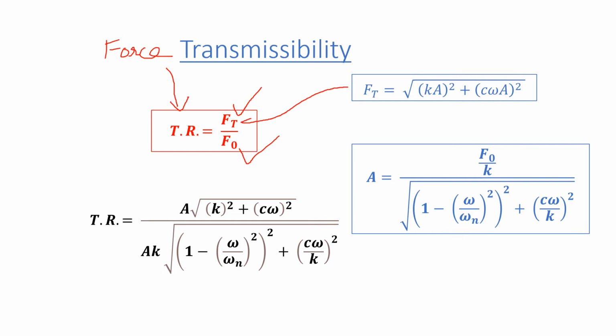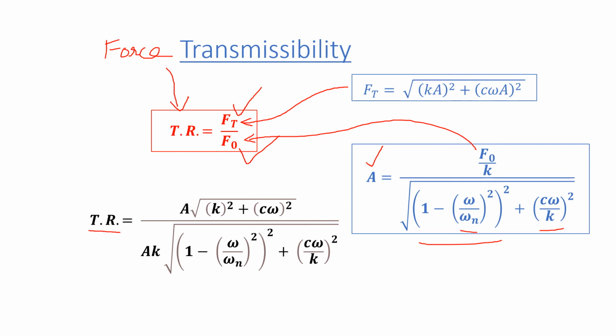substitute Ft from here, and the A relation we have derived is like this: F naught by K, and in the denominator the square root of (1 minus (omega by omega n) square) whole square, plus (C omega by K) whole square. Now you substitute F naught here.